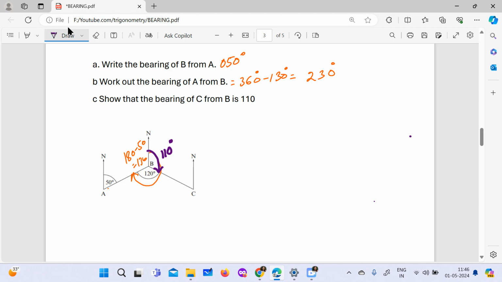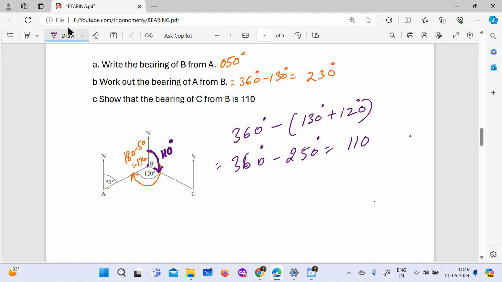See, here we got 130 degree and here you have 120 degree. So 360 minus 130 plus 120. Simple. So we will write 360 minus 250, and that will give you 110 degrees. Right? I hope this is clear to everyone.